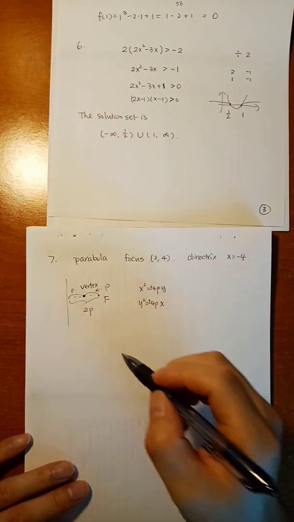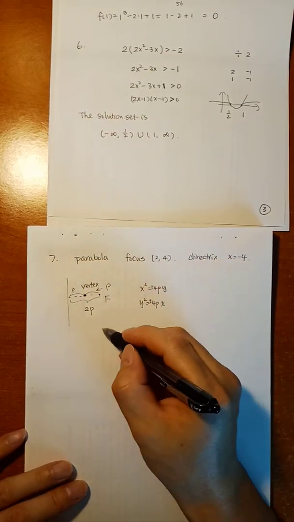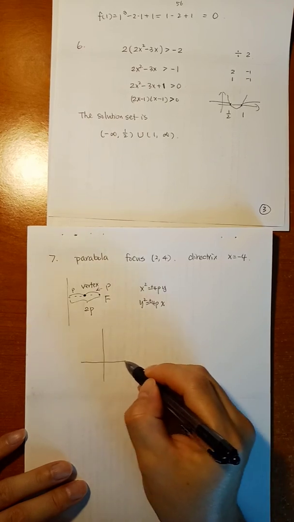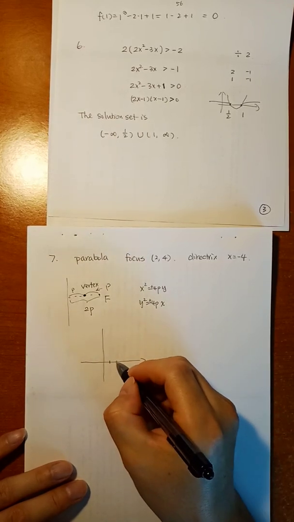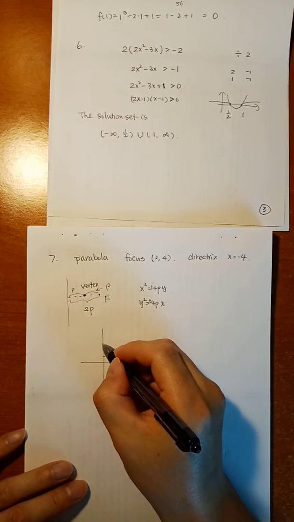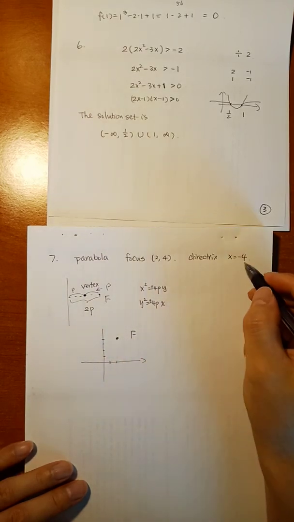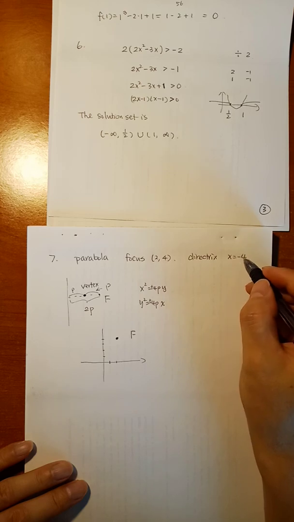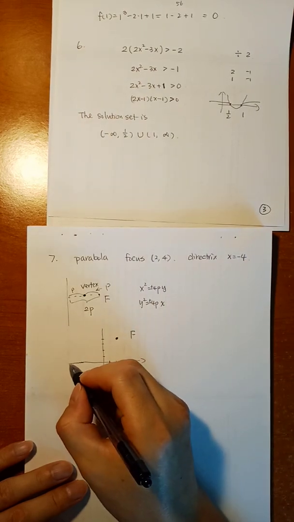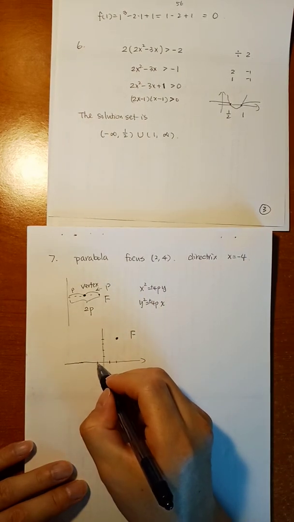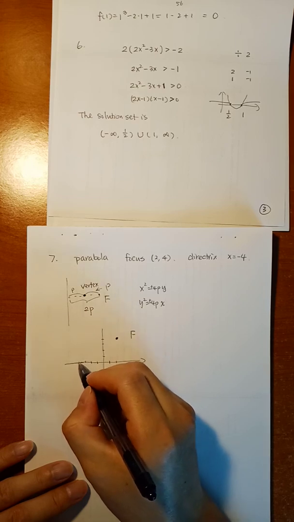Now let's check the problem. The focus is (2, 4). Directrix, where's the directrix? x is equal to negative 4. It's vertical.